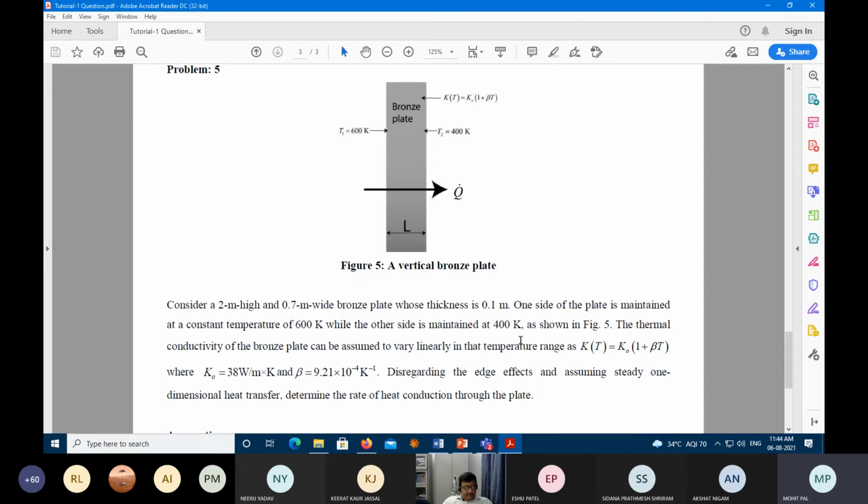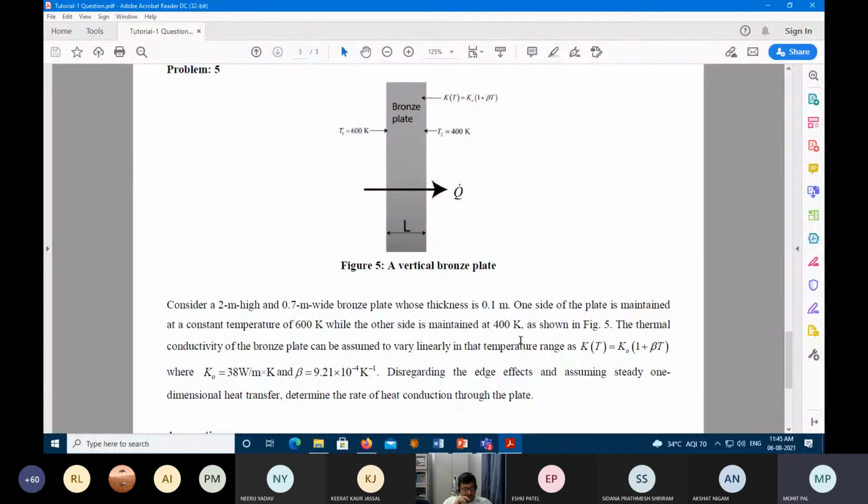Just a minute, sir. Since this variation is linear, we can take out the K average instead of taking it as a function. So what is K average? Can you calculate K average? Yes, sir. Just a second.